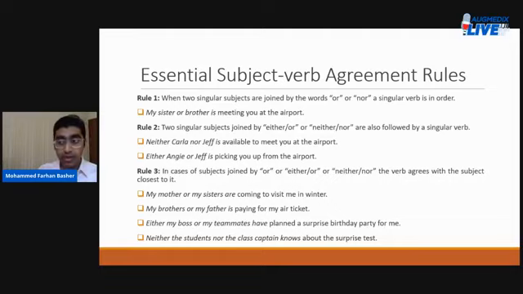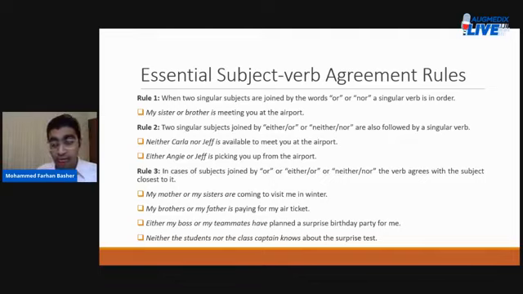In this case, mother is singular, but sisters is plural, and the verb immediately following is also plural, because the subject closest to the verb is plural. My mother or my sisters are coming to visit me in winter.